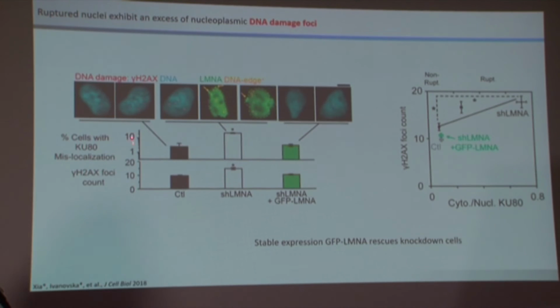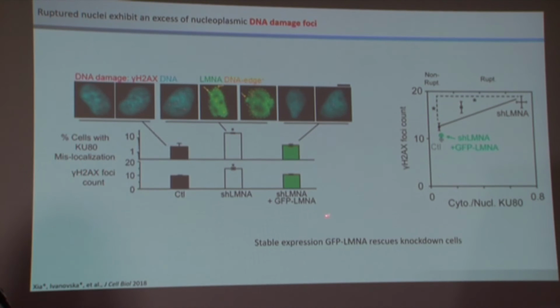Now getting to the DNA damage, we always have some kind of basal DNA damage in the cells. So we use gamma H2AX foci count as a marker of the DNA damage, and if we knock down lamin A, then we see an increase of the DNA damage.